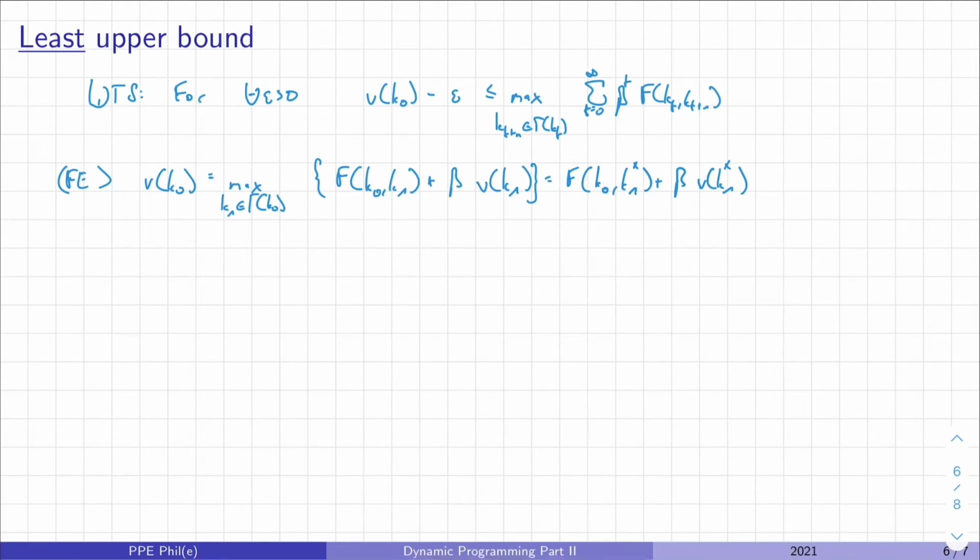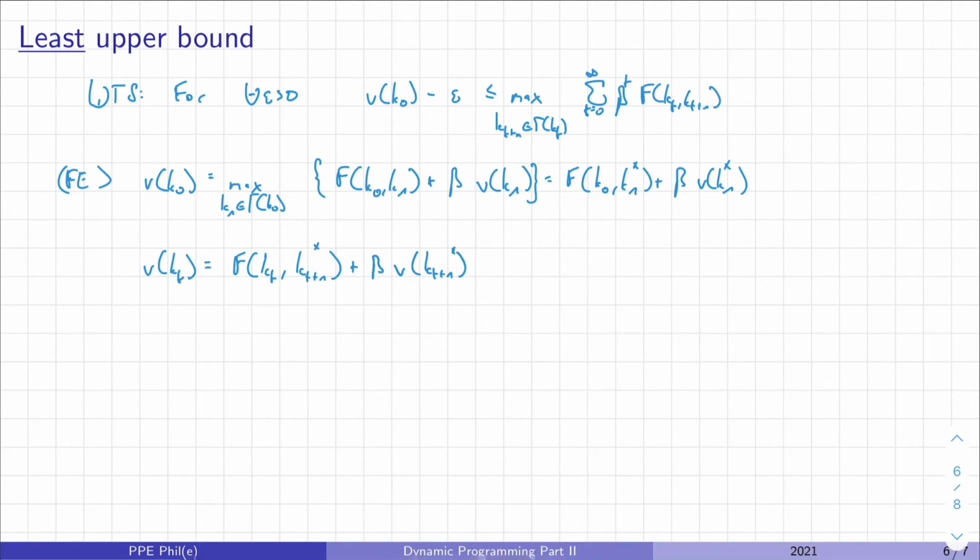This also needs to hold at every point in time, so more generally, for whatever kt we have, it must be true that this is exactly equal to F of kt, kt plus 1 star, where kt plus 1 star is the optimally chosen kt plus 1, plus beta V of kt plus 1 star.